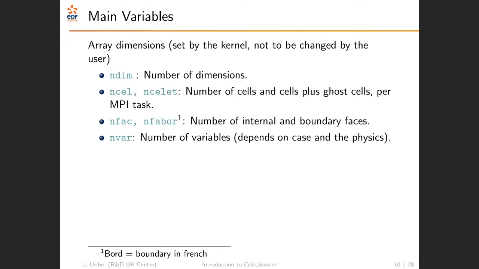So it means that all the arrays that store information about this are different sizes, so they are completely separate. And NVAR is the number of variables, so it depends on how you set up your case, how many scalars you have, what sort of physics you're solving, or what turbulent model you're using, etc.